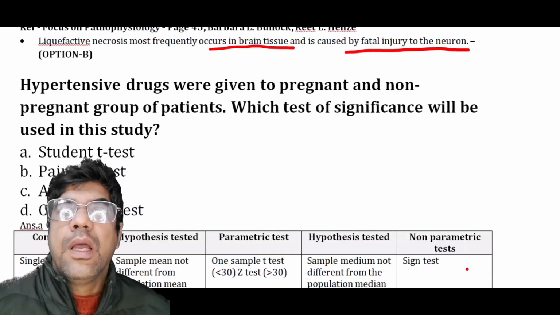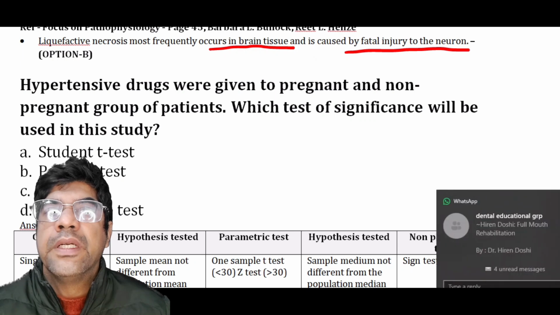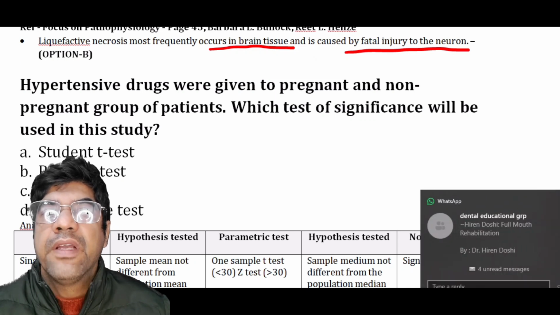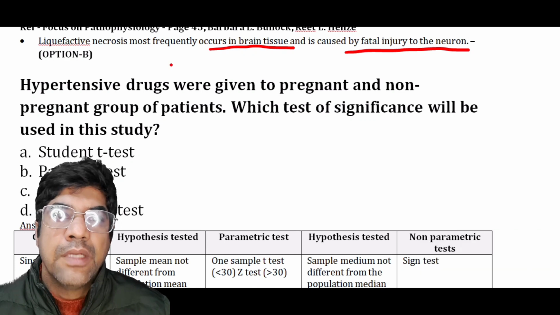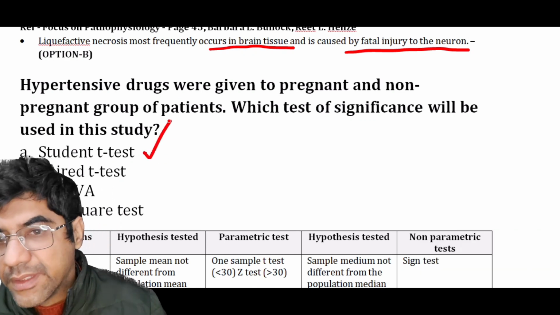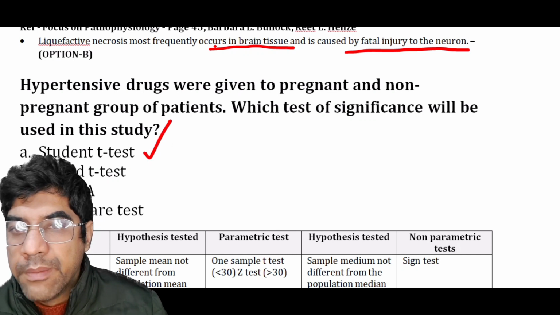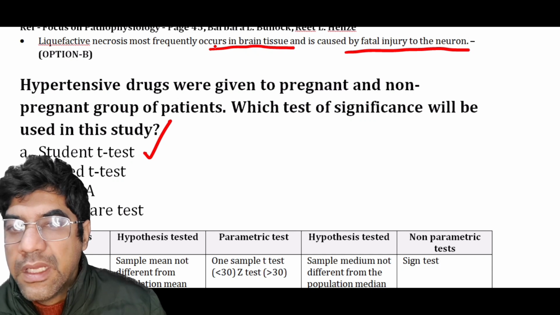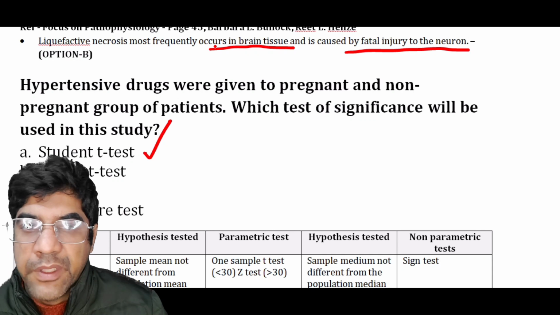The hypertensive drugs were given to pregnant and non-pregnant group of patients. Which test of significance would be used here? The answer is student t-test. The student t-test is used to compare the mean of two independent groups to determine if there is a statistically significant difference between them.